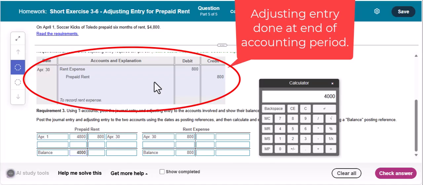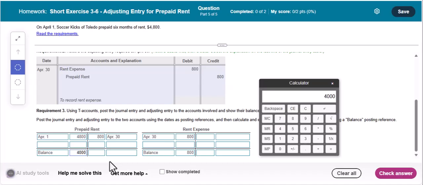So if you forgot to do this adjusting entry, instead of having a $4,000 balance on your balance sheet for the prepaid rent, it would show a prepaid rent of $4,800. So your asset would be too high. And again, if you forgot to do this adjusting entry, you wouldn't have the rent expense, which would mean you'd be missing $800 of rent expense, which would mean your profit would look larger than it should. And you would have to pay extra taxes because your profit would be abnormally high.